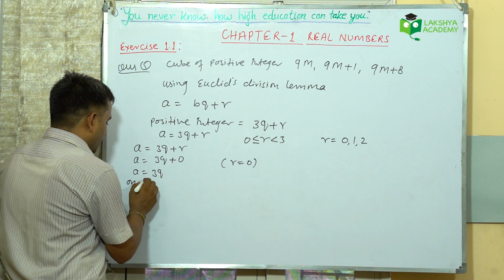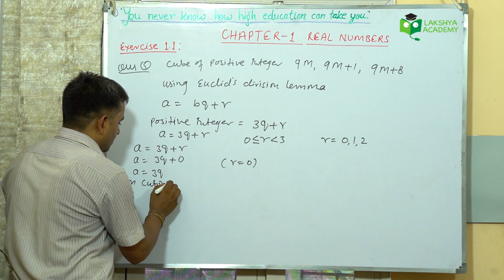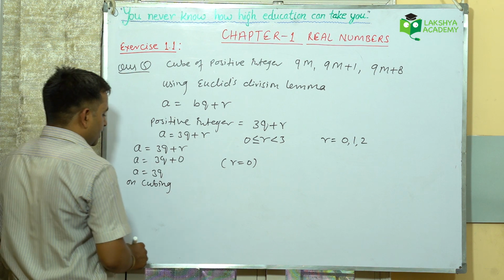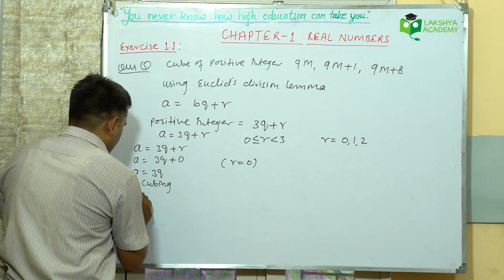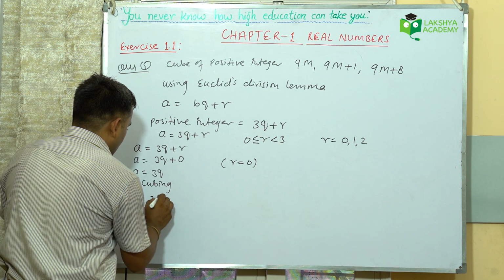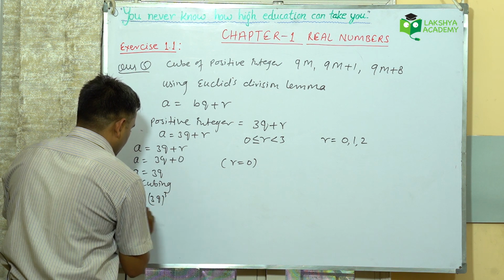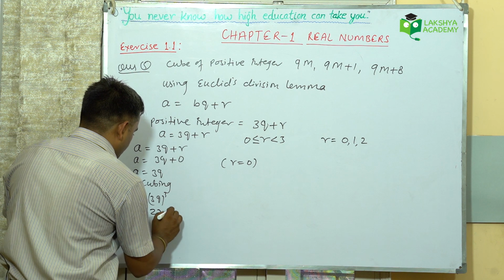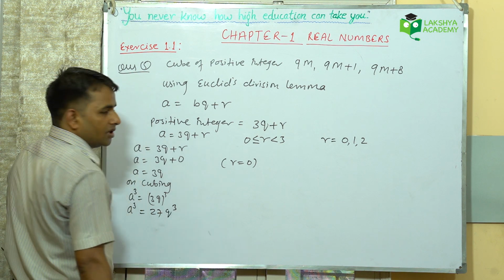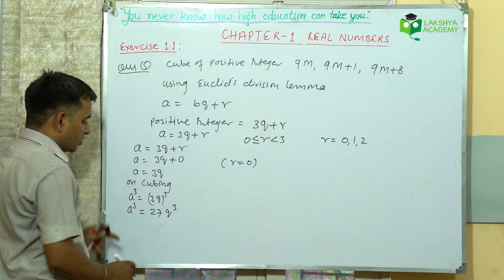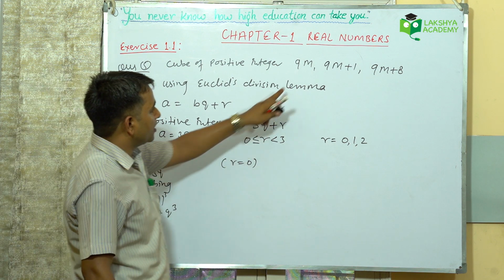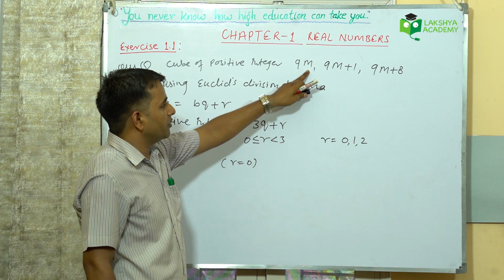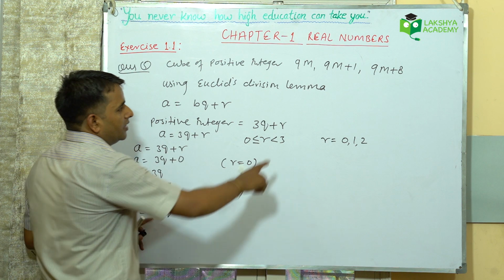So on cubing, we will get a cube equals 3q whole cube. So this will be a cube equals 27q cube. We can take 3 as common, or better, because it should be in the form of 9m, we will make it a factor of 9.